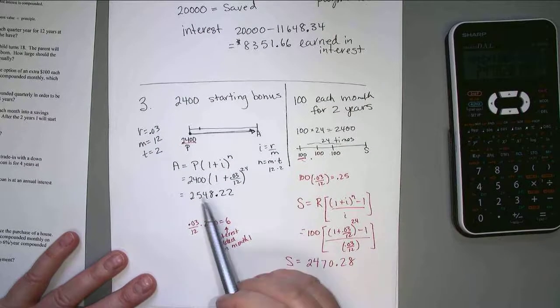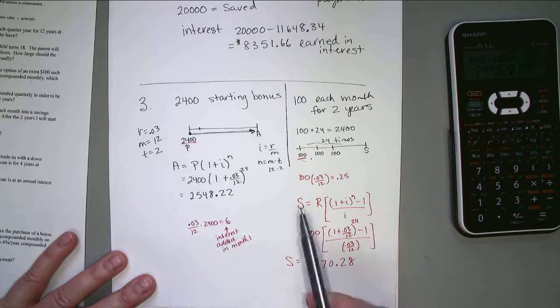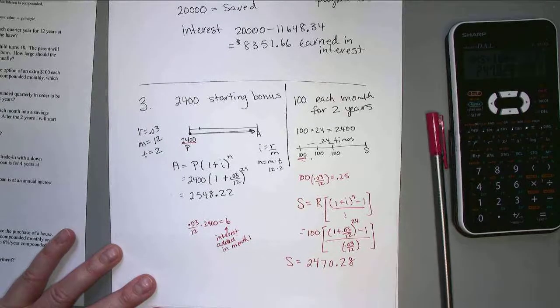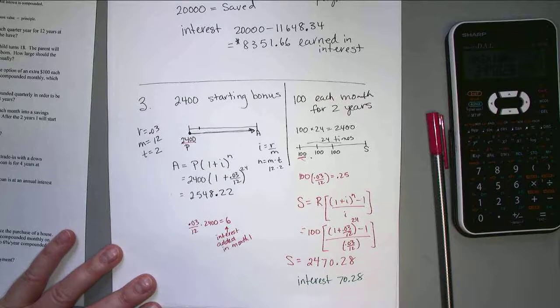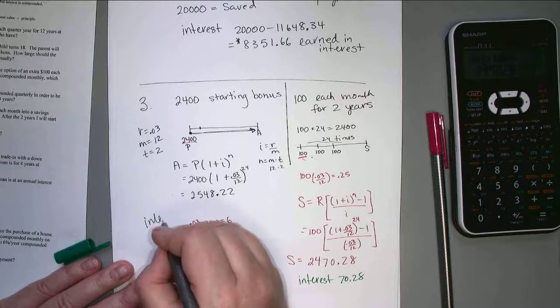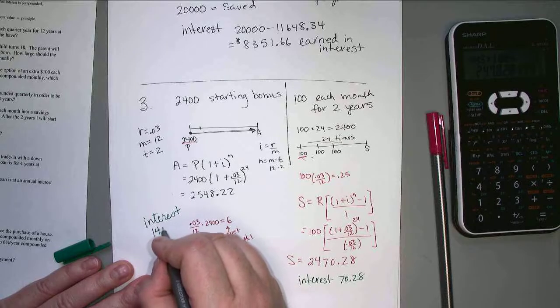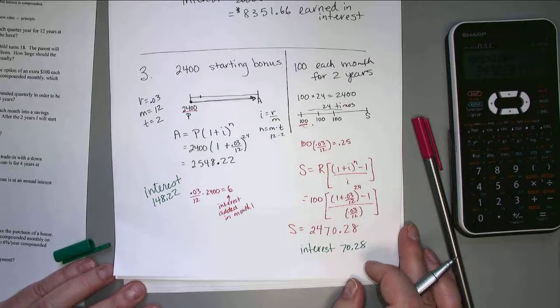So if you got it all at once, you'd have 2,548, and if you got it 100 at a time, you'd have 2,470. So the interest earned is 70.28, and the interest over here, since 2,400 was the amount that we started with, is 148.22. So it's double, or just about.